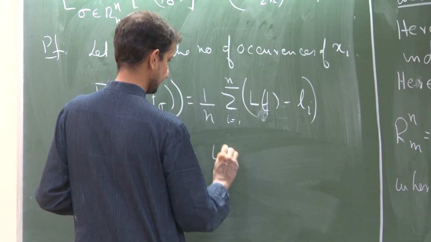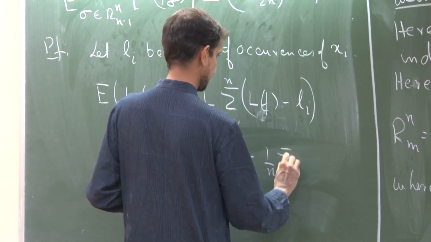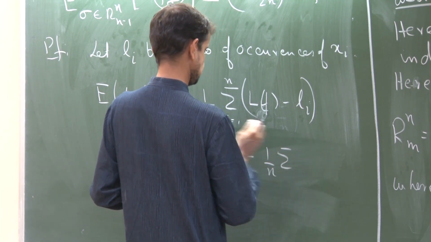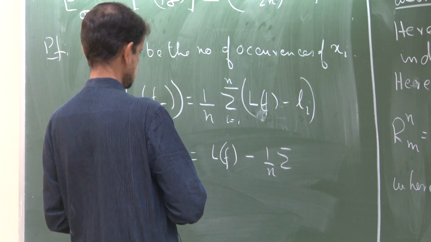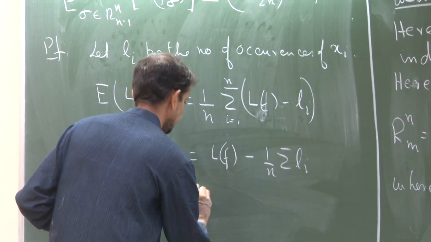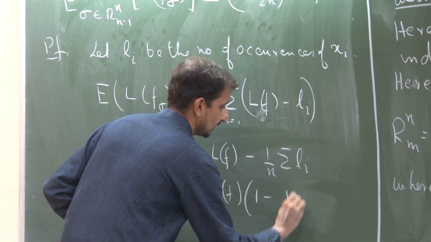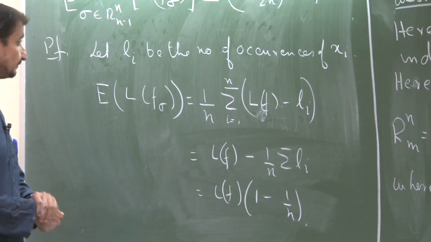So, this would just be L of F minus 1 by n sigma Li. Okay, sigma Li is L of F. So, now I have L of F times 1 minus 1 over n. This is what I wanted.